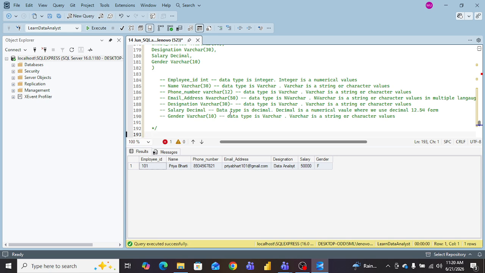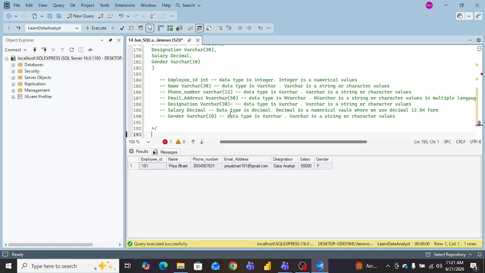Correct. The simple definition: a data type is the type of value, like numerical, text, or date, that a column accepts. Understood?